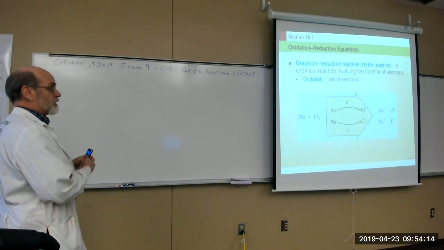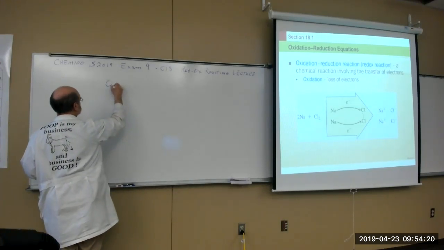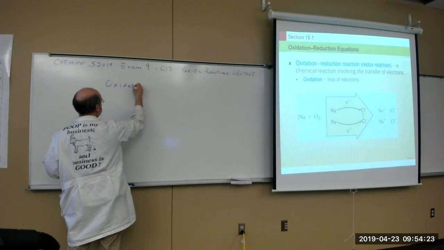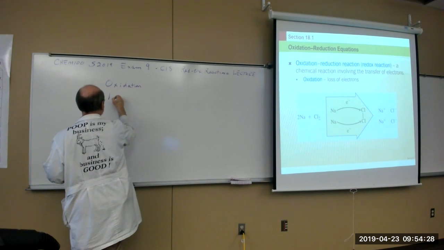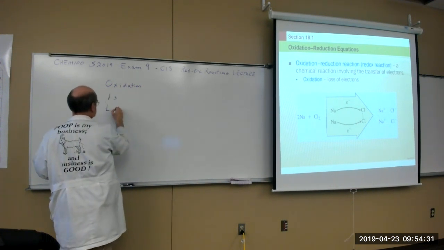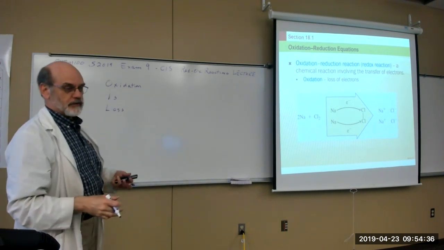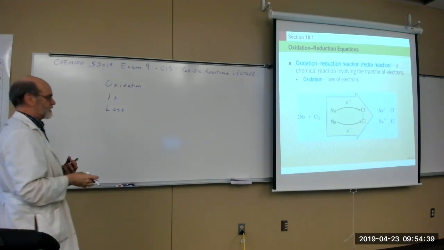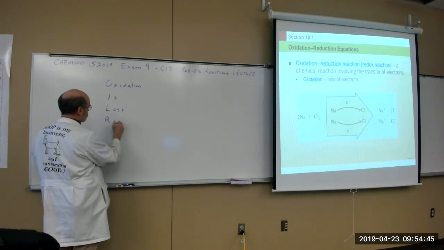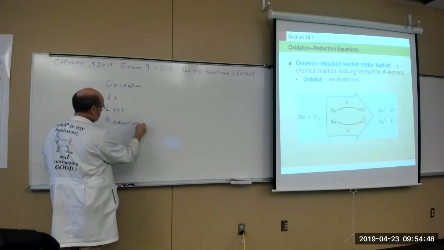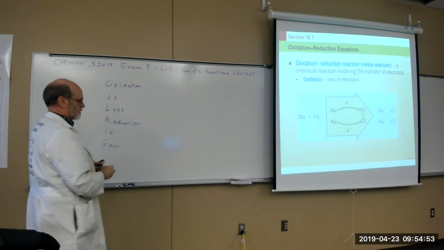Now, there are terms that we need to agree upon. Oxidation is loss of electrons. Anything that loses electrons is said to have been oxidized. And reduction is gain of electrons.